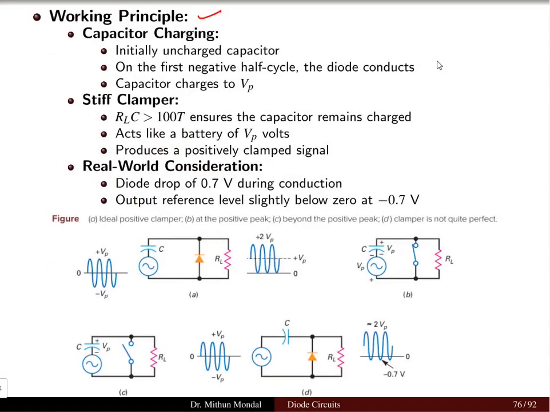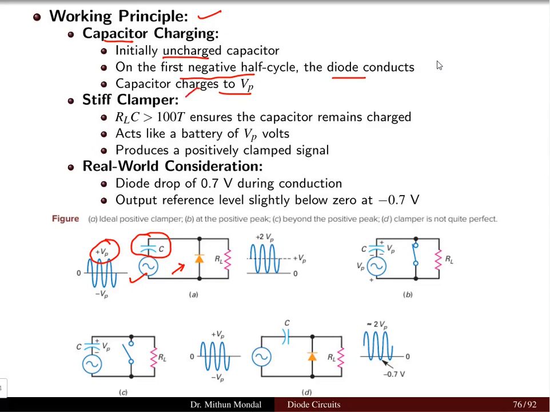Let us see the working principle of this positive clamper circuit. We will have a capacitor which is initially uncharged, connected in series with the source. A diode is connected which is reverse biased, and this will conduct only in the negative half cycle. On the first negative half cycle the diode will conduct and the capacitor will charge to a potential of plus Vp, which is at the input side.